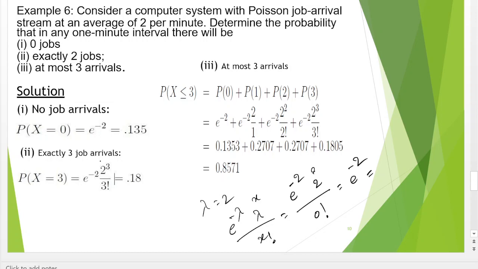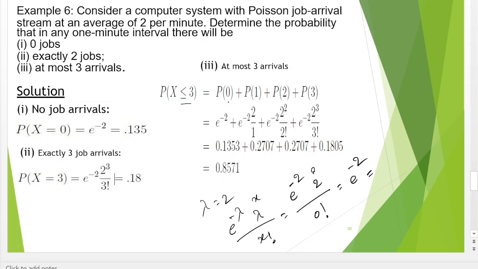Exactly 3 job arrivals. The same way we substitute x is equal to 3 and lambda is 2 in the given formula. Then we will get 0.18. Then at most 3 arrivals. Symbolically we write it as the probability of x is less than or equal to 3.